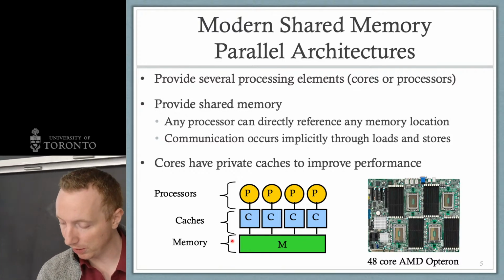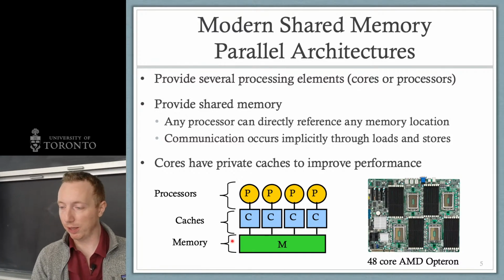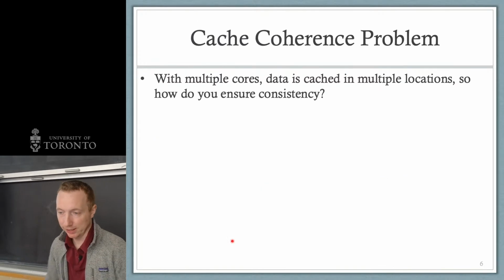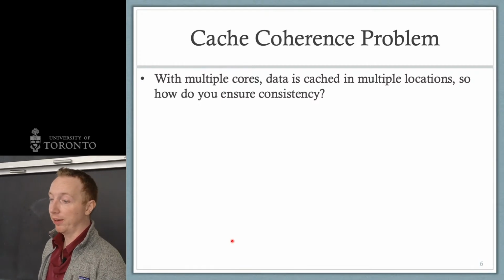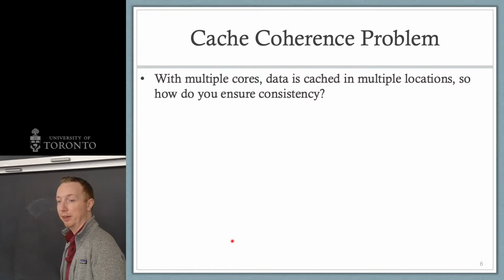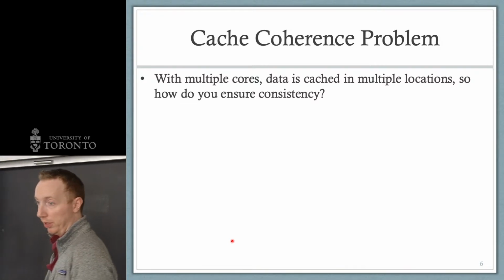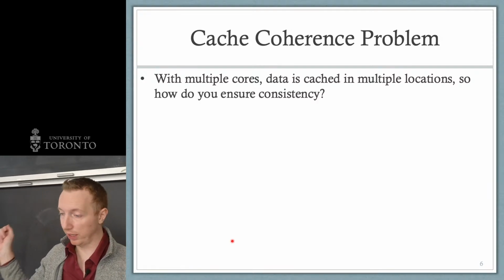So a lot of the magic has been hidden from you to this point, so we get to dispel a bit of that today. So, if I have multiple cores and data is cached in multiple locations, how do I ensure some type of consistency? So, coherence is ensuring some consistency to the same memory location.